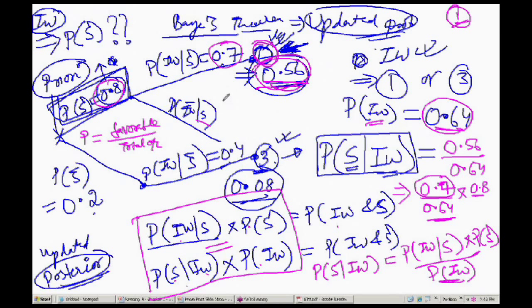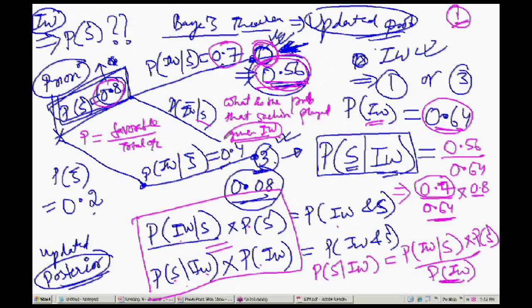Whenever, so the question here was, the Bayes theorem question was: what is the probability that Sachin played given India won?